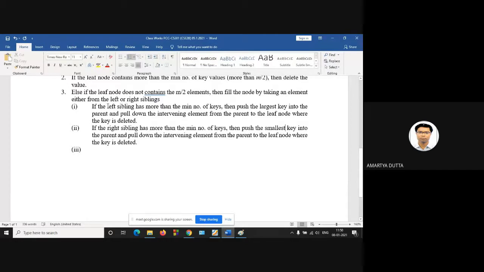So if the right sibling has more than the minimum number of keys, this is the rule. Here push the largest key, and there push the smallest key, into the parent and pull down. So this is the rule.